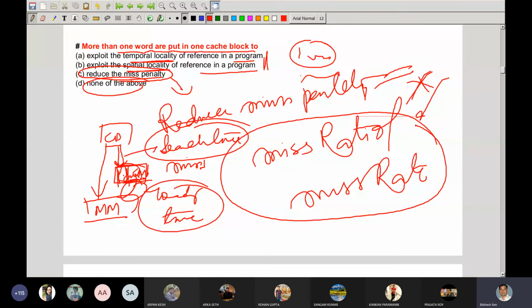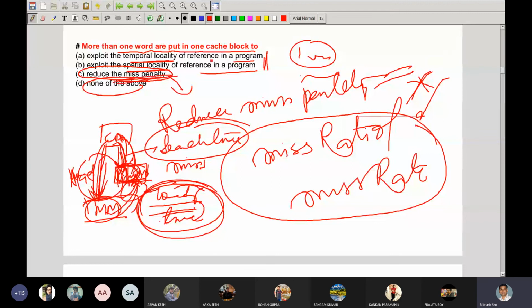Clear? In a hit, whenever it is searched, it is found, so there will be no loading time. They will get the data. But in a miss, there are additional loading times. Accessing the main memory directly is very slow, and loading from main memory to cache for future purposes also takes time. Both times are considered in computing the miss penalty.